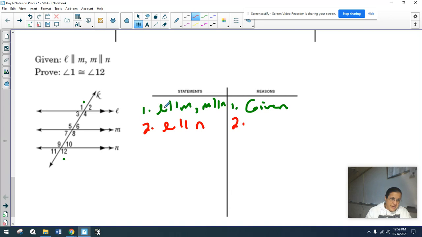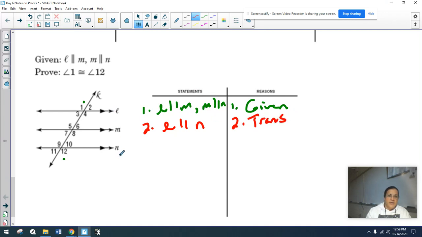There's a proof that states that if two lines are parallel to the same line, so in other words, L is parallel to M and N is parallel to M, then they are parallel to each other. So you can either state that in a really long way like I just did, or you can just pretend like you crossed out the repeated M, and so L is parallel to N. So you can call this transitive.